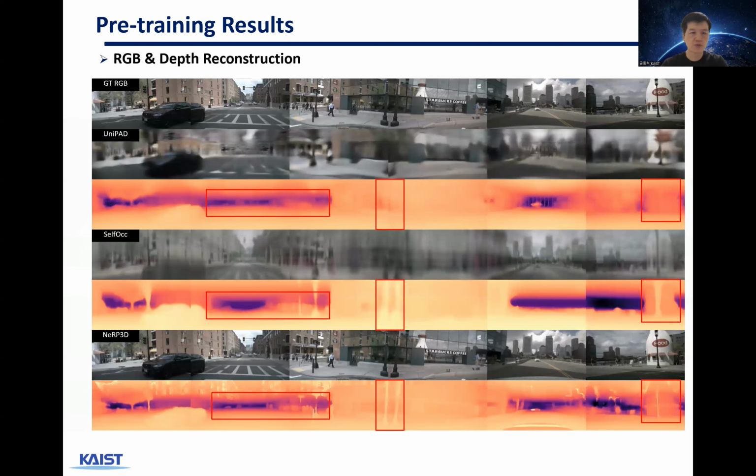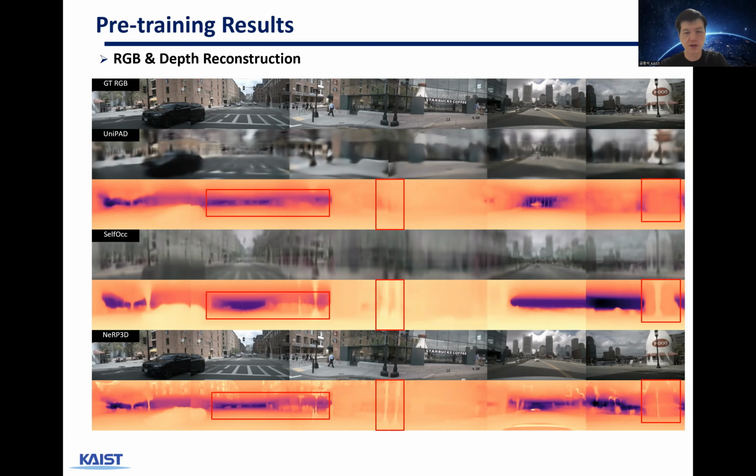And this is the RGB depth reconstruction result. We compare that with UniPAD, Self-OCC, and NeRF-3D is our proposed network. You can see UniPAD was not doing great when it comes to RGBD reconstruction.